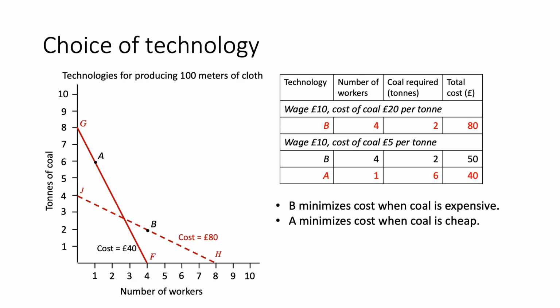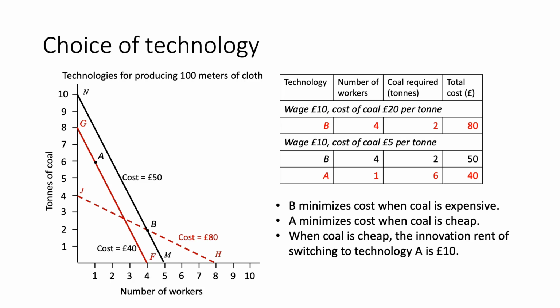And the last thing we want to identify here is that when we adopt technology A, what is our level of innovation rent? In order to calculate this, we simply need to do the calculation for technology B under the cheap coal price. So doing so, we'll have the wage rate of £10 multiplied by the number of workers, 4. That would give us 40, plus the price of coal at £5 per ton multiplied by the number of tons of coal, 2.